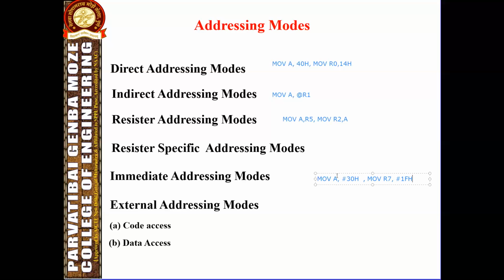One thing we should remember: in register addressing mode, we have to give a register address from R0 to R7 only, because in the memory there are a few banks: bank 0, bank 1, bank 2.